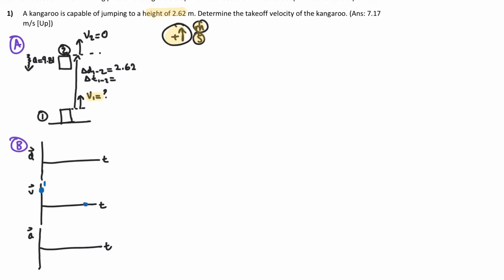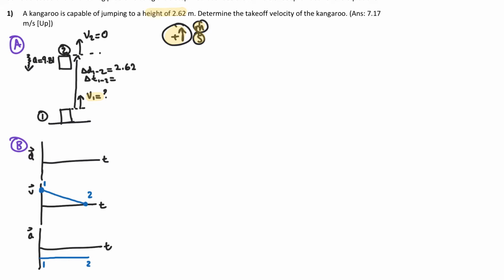I'm going to put that stage 2, and we're going to make an assumption that this is constant acceleration. The acceleration is going to be negative, or in the downward direction, and constant because the slope of this line is constant, and it's a negative value.